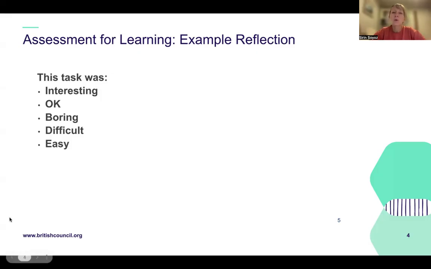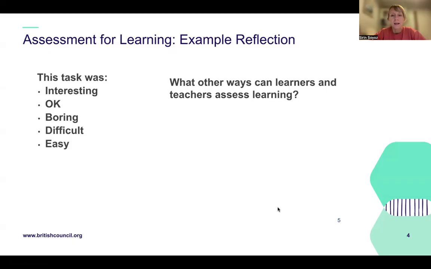These are such quick polls. We can also help learners assess themselves, assess their own learning, assess the classroom activities. What other ways can learners and teachers assess learning?